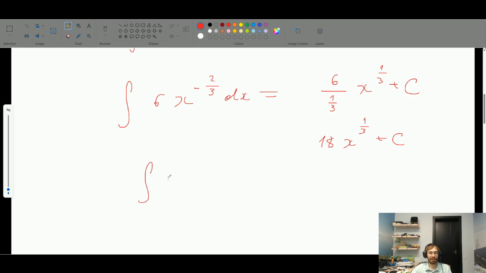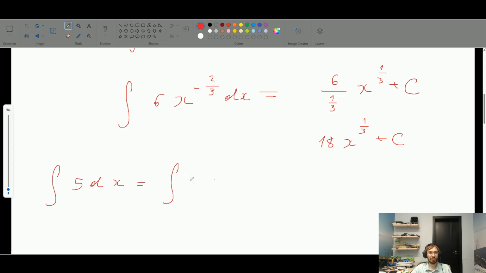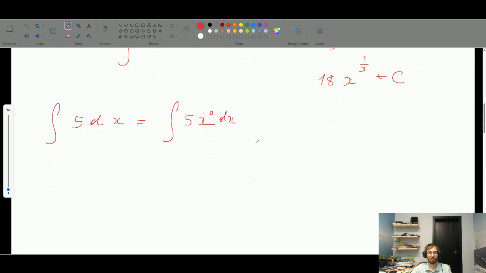What if you have integral of, let's say, just 5 dx? What is this 5? 5 means that there is no x, but we can add it, we can write it as integral. Let me move it to the side here. So as integral of 5x to the power 0 dx, and then use the same and usual our rule.